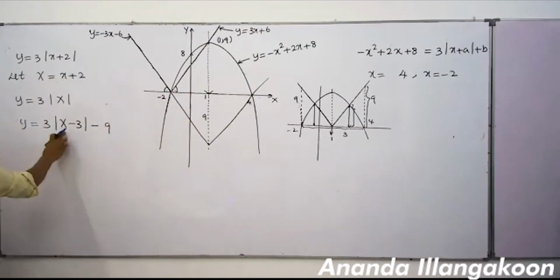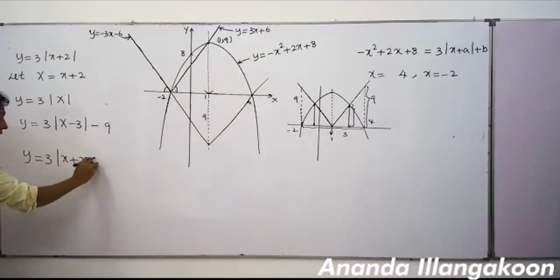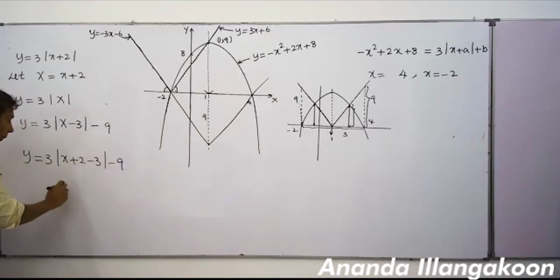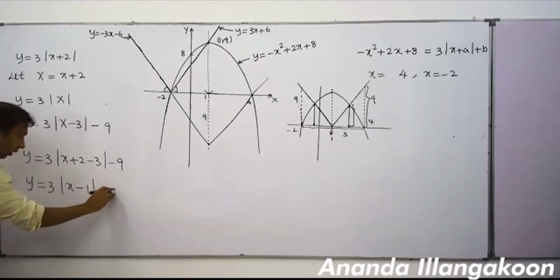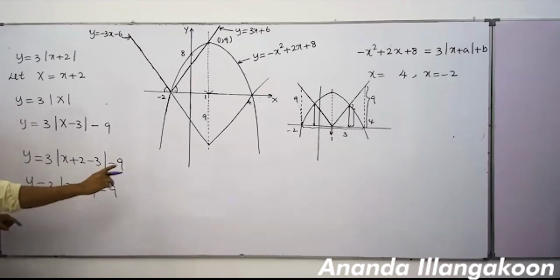And now what is this? y equals 3 times, what is this? Simple x plus 2, minus 3, minus 9. Now simplify this: 3 times mod x minus 1 minus 9. Now compare this with the right hand side.